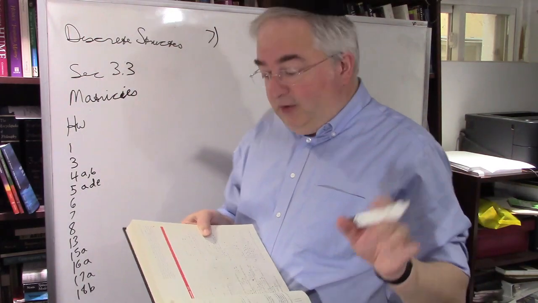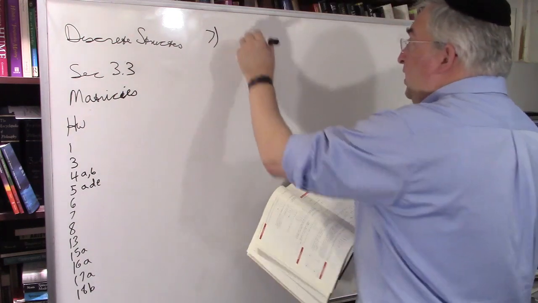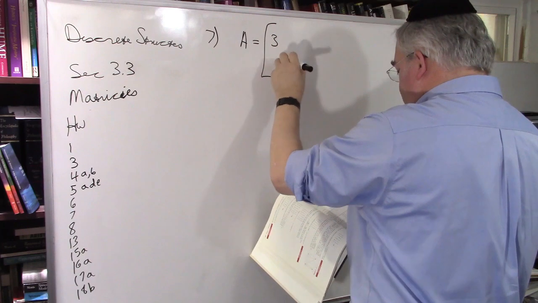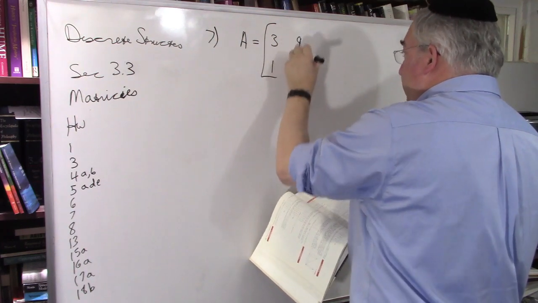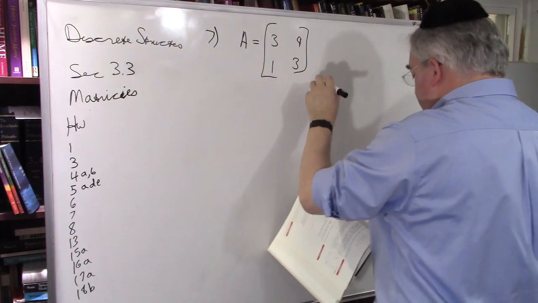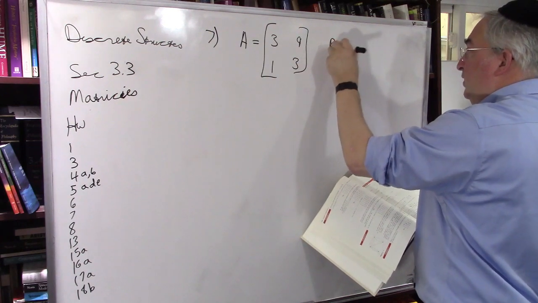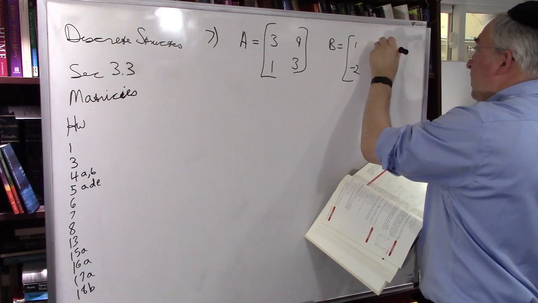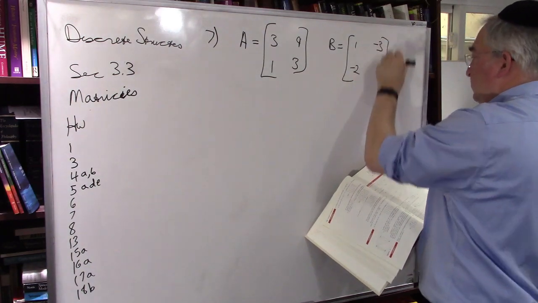Matrix multiplication is very important. Okay, A is equal to 3, 1, 9, 3. B is equal to 1, minus 2, minus 3, and 6.